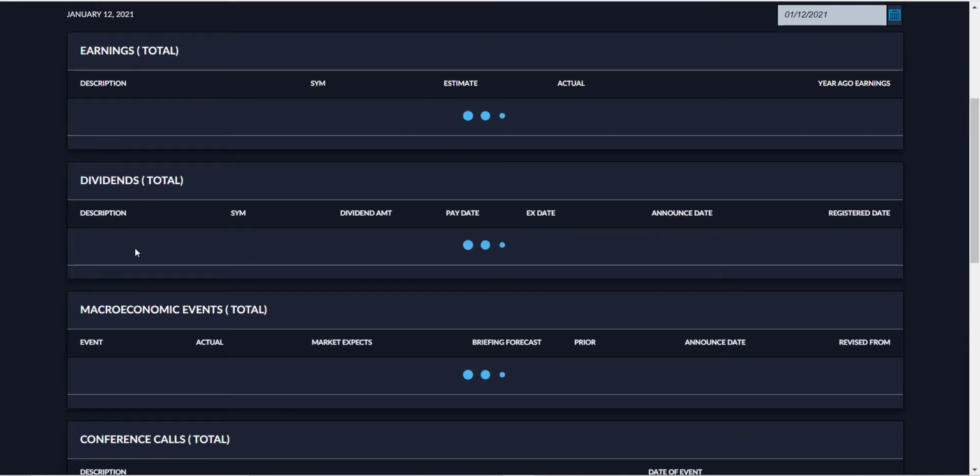So when these populate, you're going to have pretty much the description of the stock, the symbol, the dividend amount, the pay date, and all the other information. What I like about this is that instead of me typing in different stocks that I have heard about or seen about, and I want to get information on the actual dividend and whatnot, it all populates here.